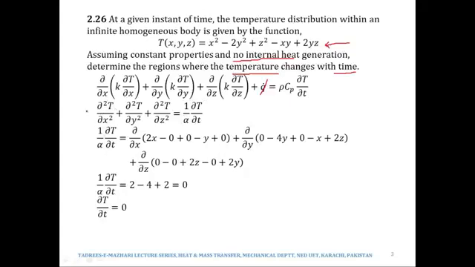So on one side it would remain 1 over alpha times ∂T/∂t, whereas on the other side of the equation we have got 3 terms: second derivative of temperature with x, with y and with z. If we first differentiate temperature with x, it would be 2x minus 0 plus 0 minus y plus 0. So this has been written over here.